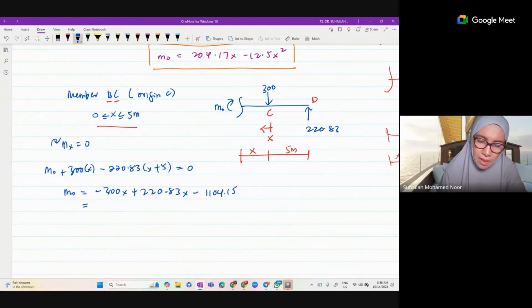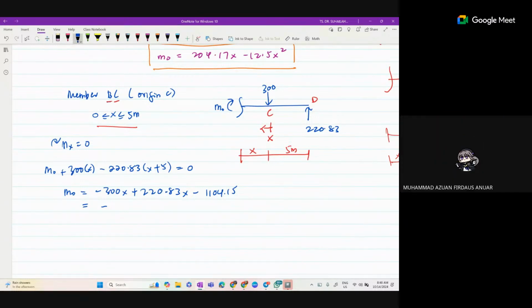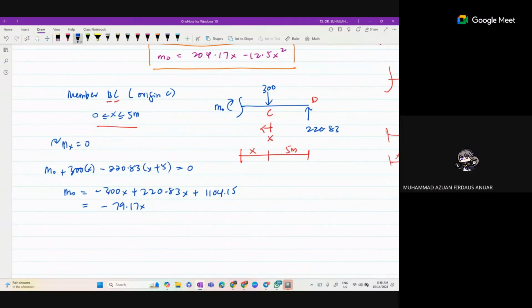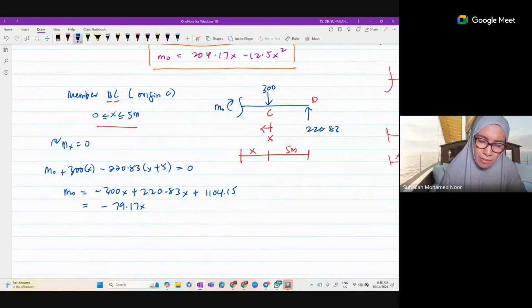Kira balik yang ni x kan. So negative 300 plus 220.83 dapat apa? Dapat negatif 79.17, jadi positif kan. Negatif 79.17x ya. Betul lah. So tadi yang sana tu negatif bawa sebelah positif kan. Positif. Okay, so yang ni jadi plus 1104.15. So this is M naught.